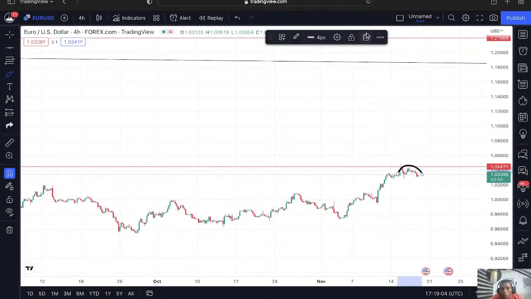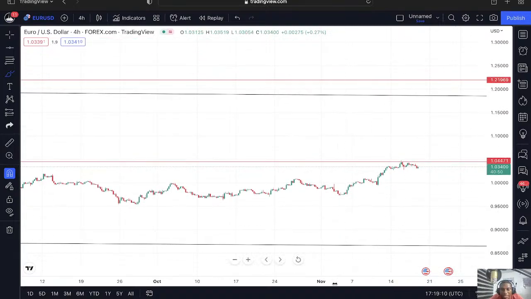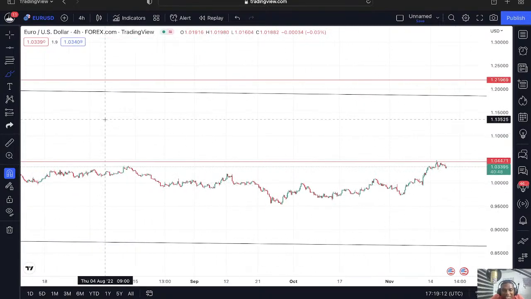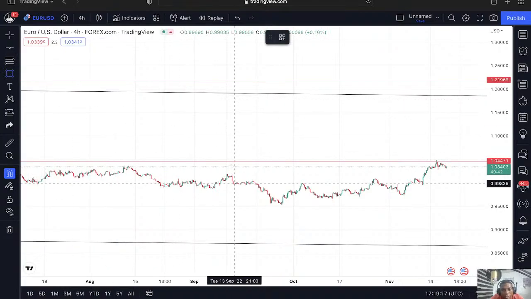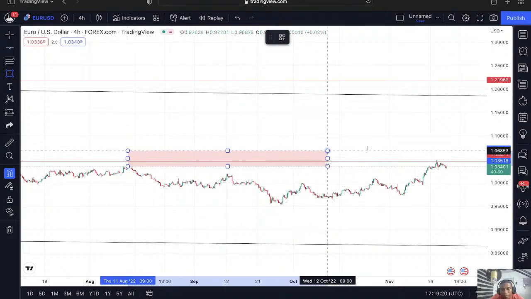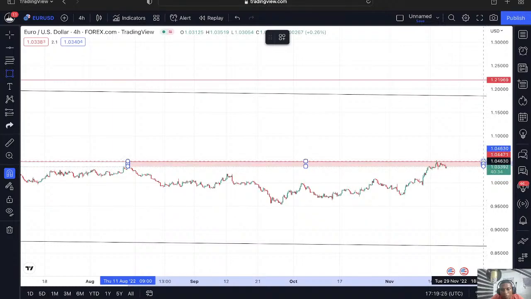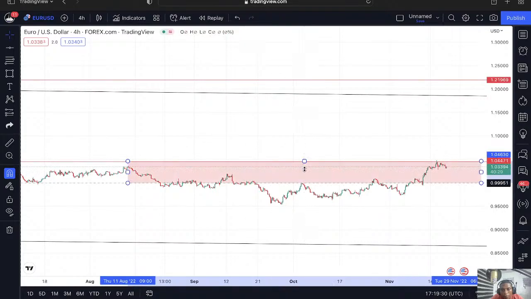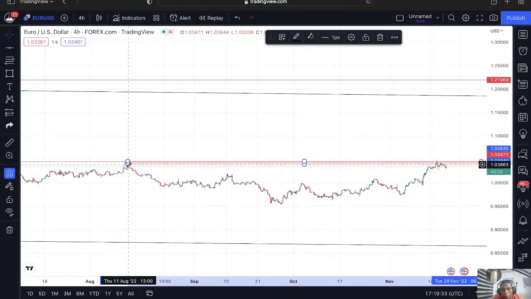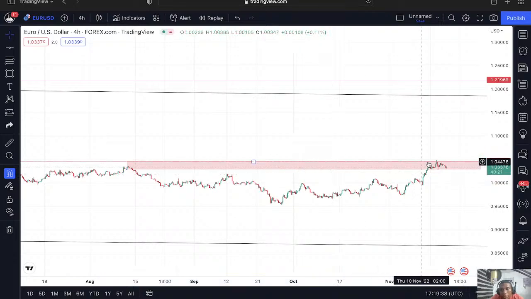Let's see what price will do from here, because it is important for us to pay attention to what price is going to do. This region is a resistance region, right?